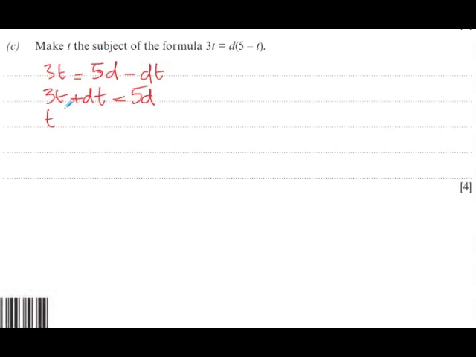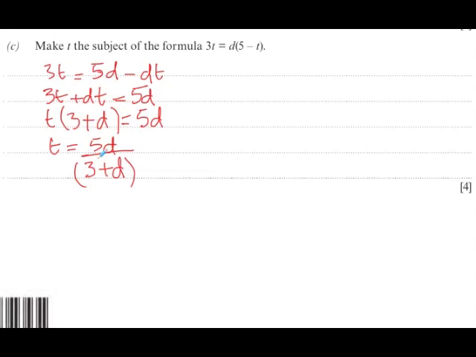So let's say t, so we've taken t out, so that's 3 plus d equals 5d. So dividing both sides by 3 plus d, we're left with t equals 5d over 3 plus d. And that's your answer. You've expressed that equation in terms of t.